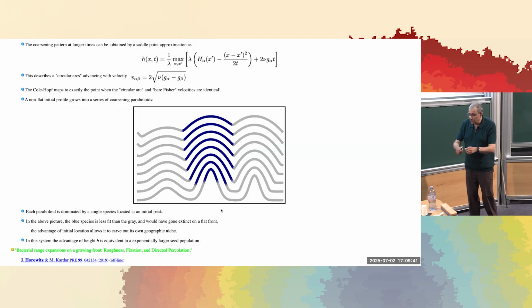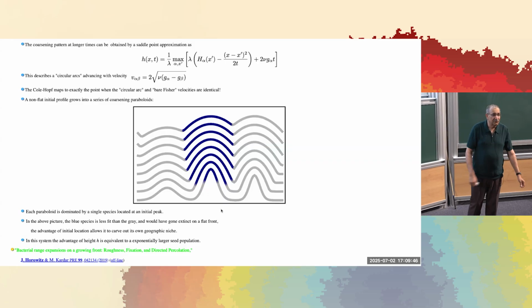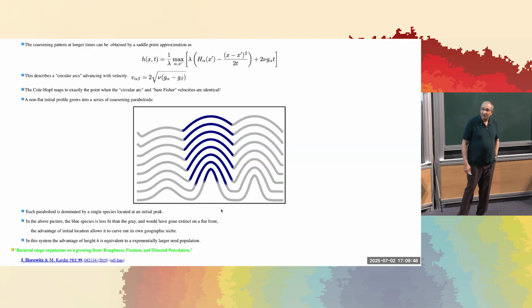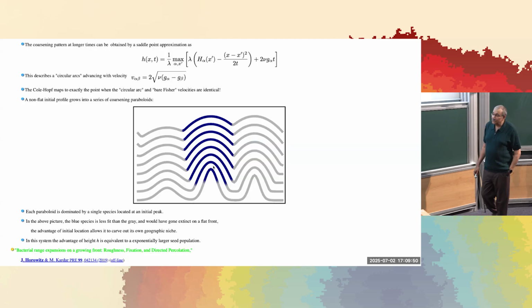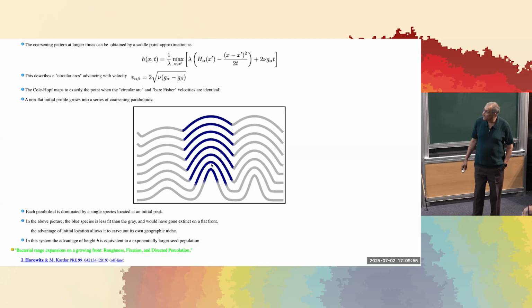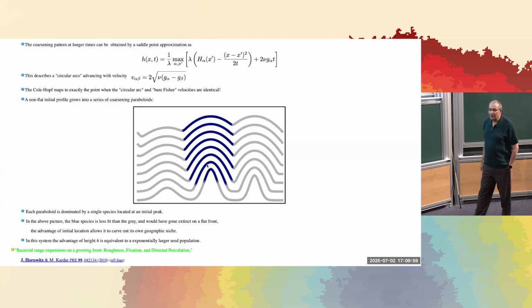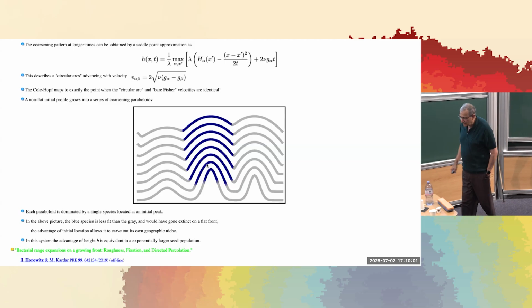So that if I had stretched this thing as a straight line, the brown bacteria would have completely disappeared. But I placed them on a good location, and thanks to the location of their birth, they were able to survive and create their own niche. So it's good to be born at the right place.